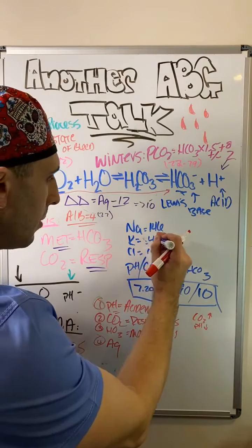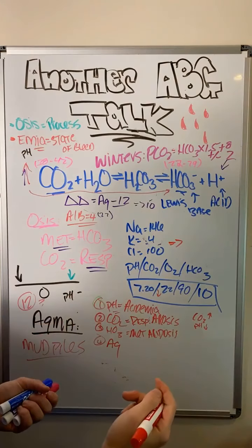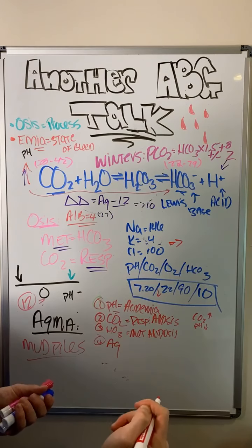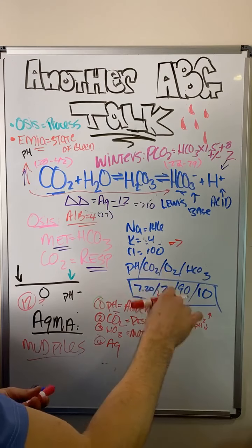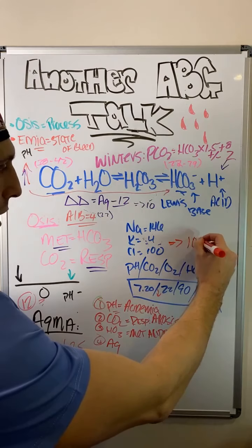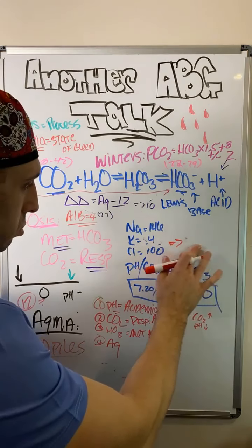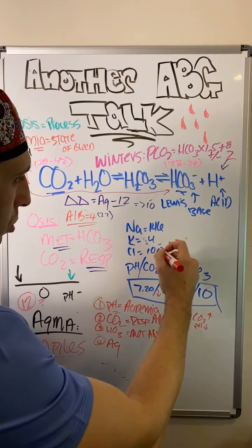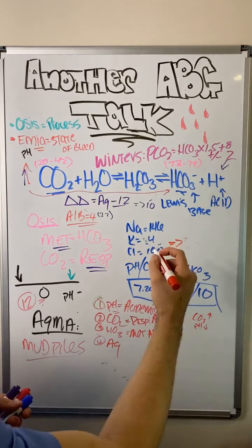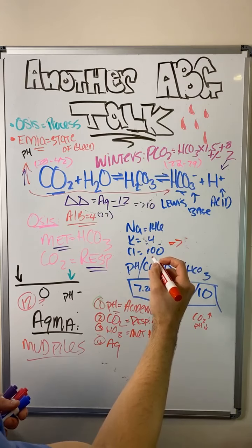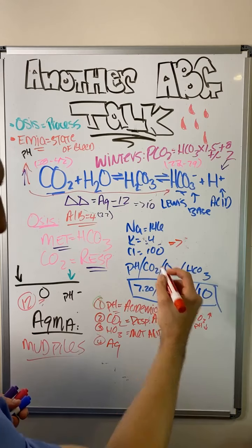And we will say that this patient's anion gap is 102, oh my God, is 104. Did I write this wrong? I might have wrote this wrong.